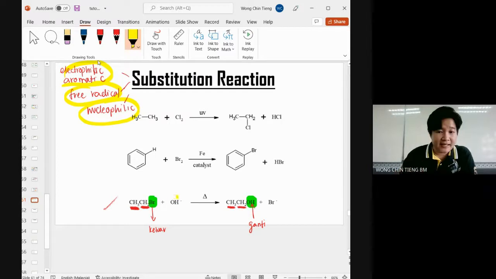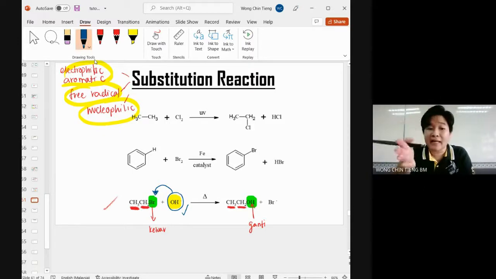Contoh kat sini, saya ada BR dengan OH. Siapa yang mengganti siapa? OH yang mengganti BR. Betul? So siapa akan dapat nama? BR atau OH? OH lah. Dan nama OH adalah OH minus.